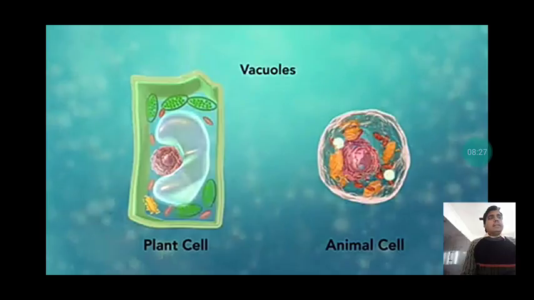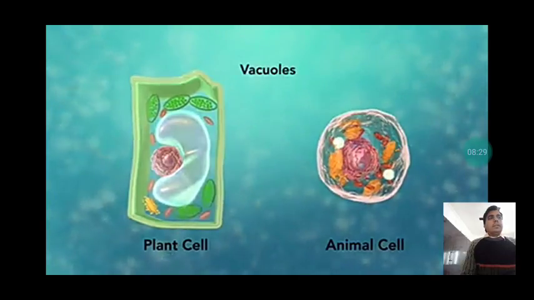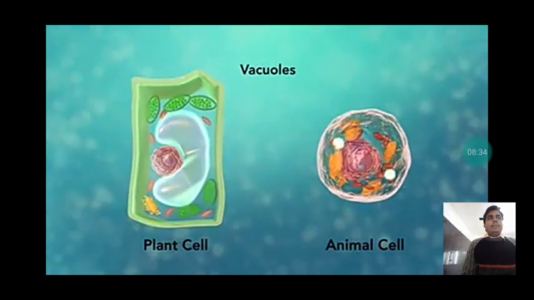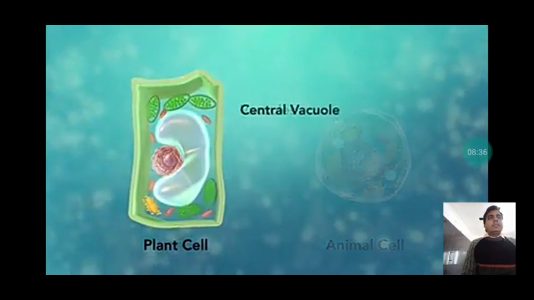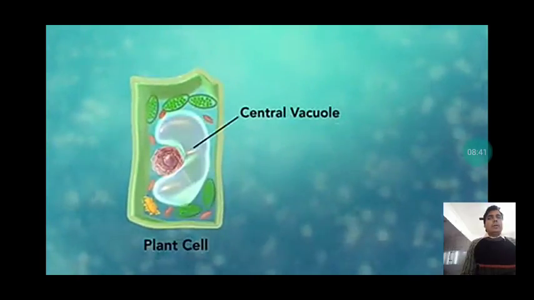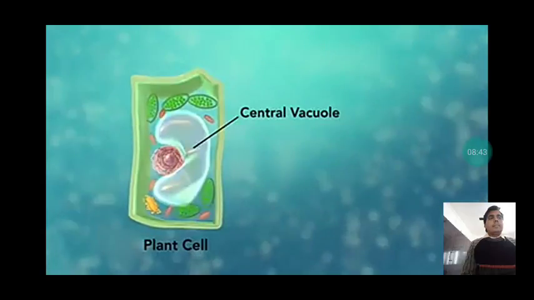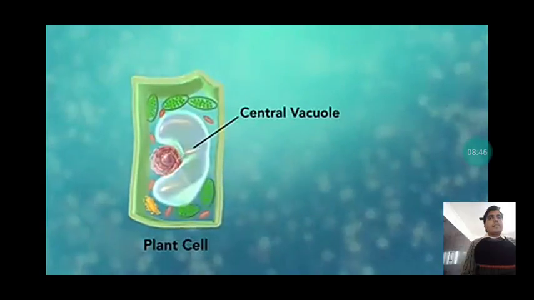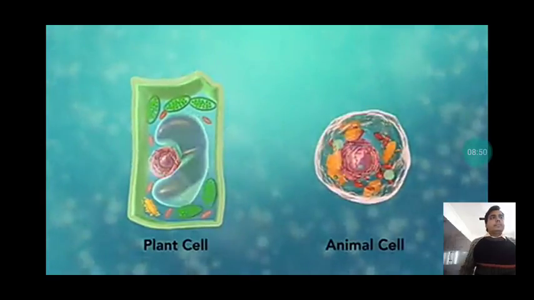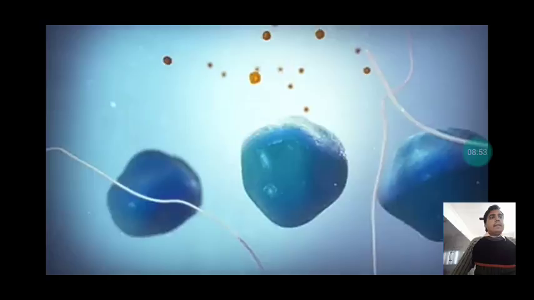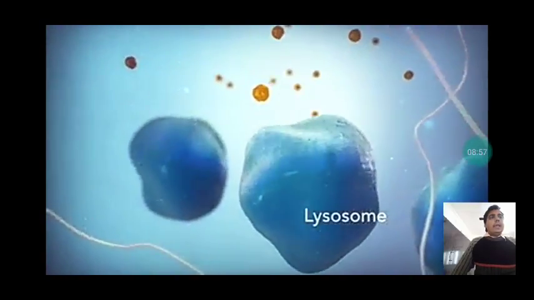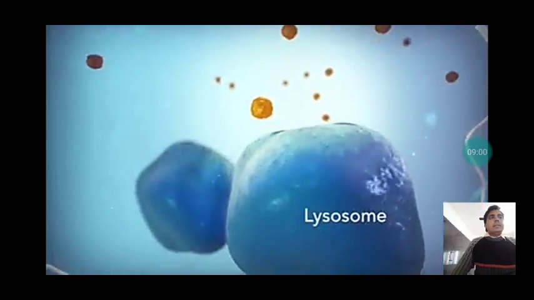Vacuoles are sac-like structures that store different materials in plant cells and animal cells. Here, in this plant cell, the central vacuole stores water. Going back to the animal cell, you will see an organelle called the lysosome.